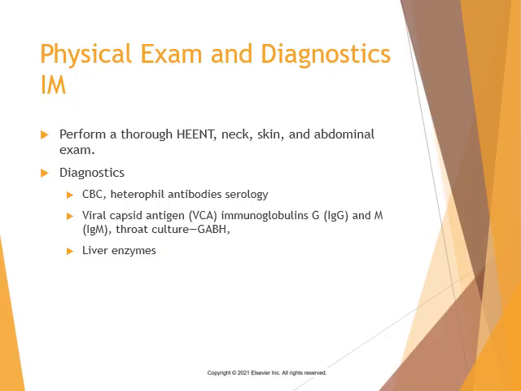For diagnosis, a CBC should be done, heterophil antibody serology, viral capsid antigen, or VCA, immunoglobulin G and IgM, and throat cultures, and do liver enzymes because of the effect that can be occurring on the liver.